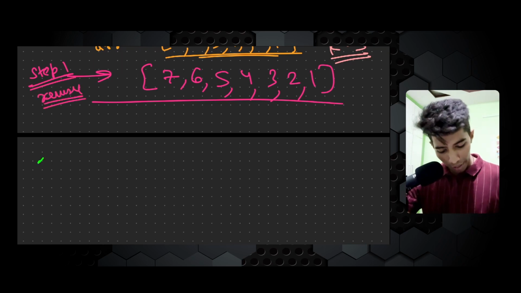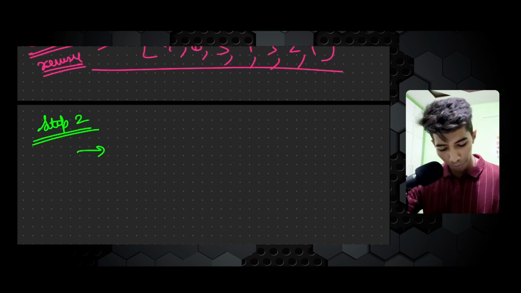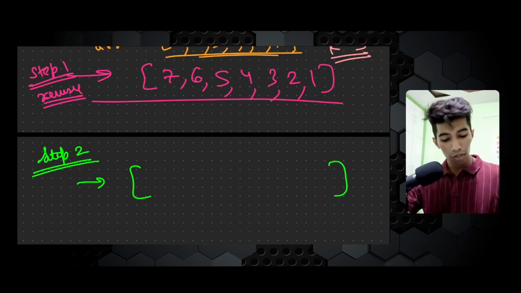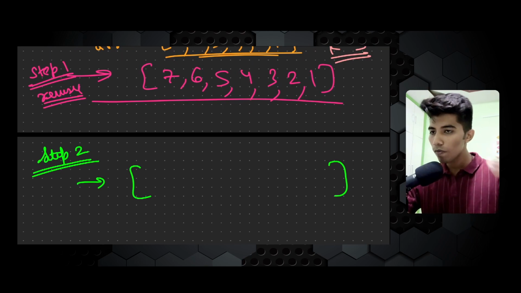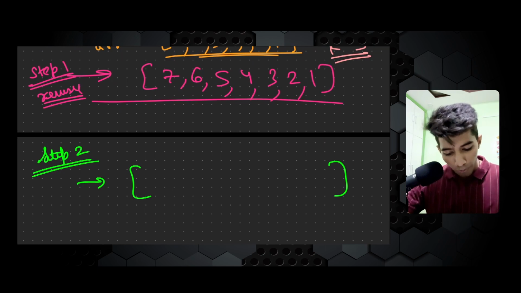Then in step 2, what we will do, simple. In the first step we have done the reversal. Now in the second step, we will reverse the array till the k.